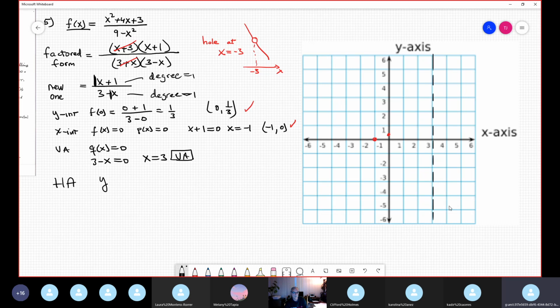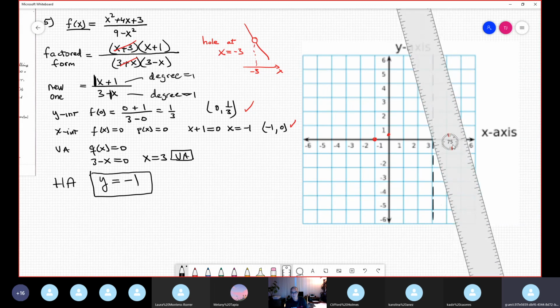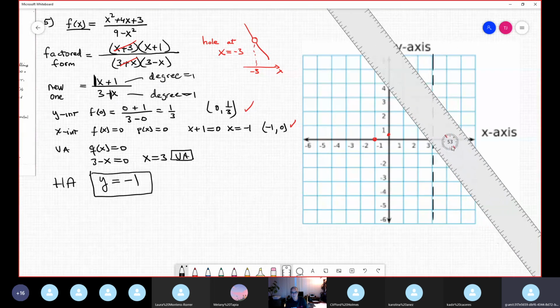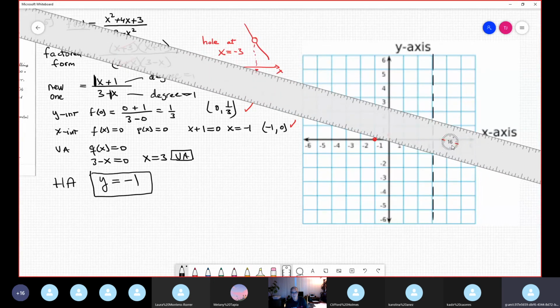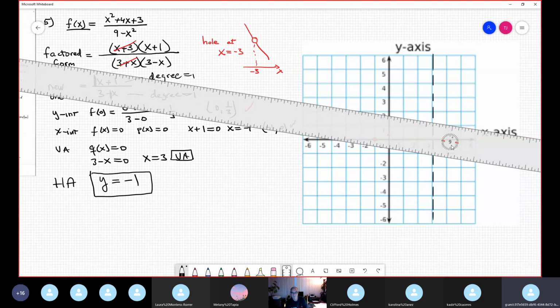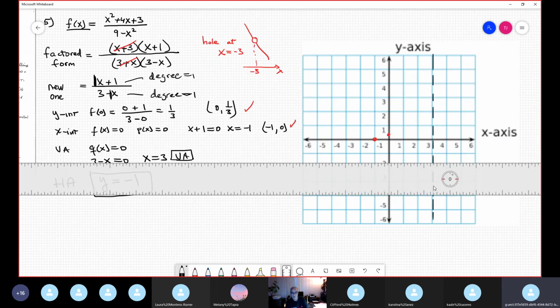This is y equal negative. This is my horizontal, so it's something like that. Horizontal is 0 degree. Boom. And -1. And -1 is here, over there.